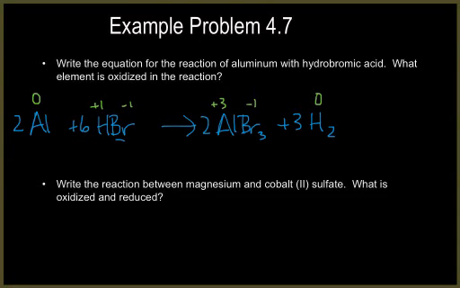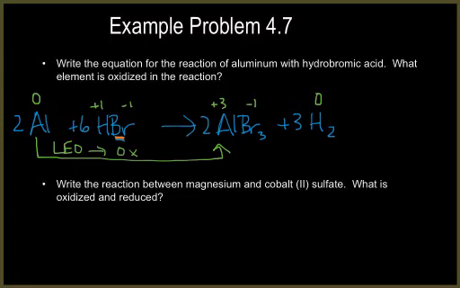Okay, so now we can track what's happening to the electrons. Aluminum goes from a 0 to a +3. If it goes from 0 to +3, it has lost electrons. So a loss of electrons means that aluminum was oxidized. On the other hand, hydrogen, actually let's look at bromine first.